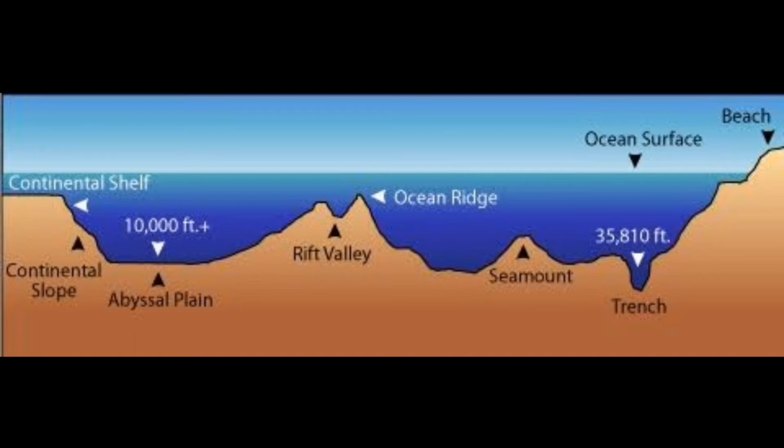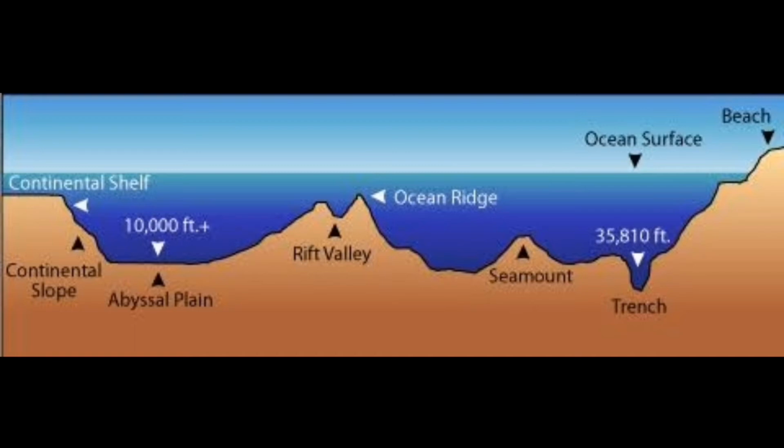Land submerged below oceanic water is called the ocean floor. Now whatever land is under the oceanic water is known as the ocean floor. Okay, now see in the picture the various labeling of the land which you see is underwater. So the whole thing is known as ocean floor.